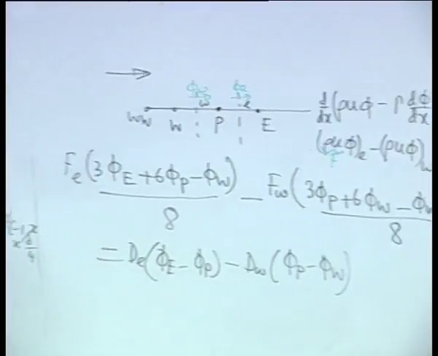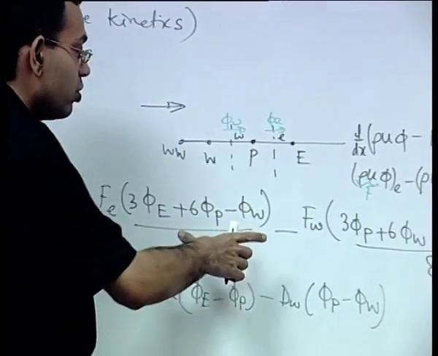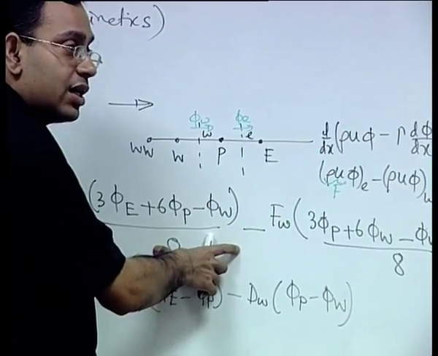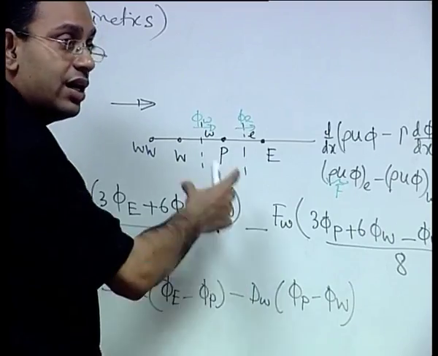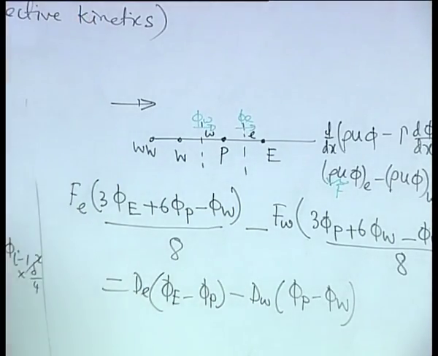So remember one very important assumption is that quadratic profile for the advection term and piecewise linear profile for the diffusion term. So not the same profile for the advection and the diffusion term.